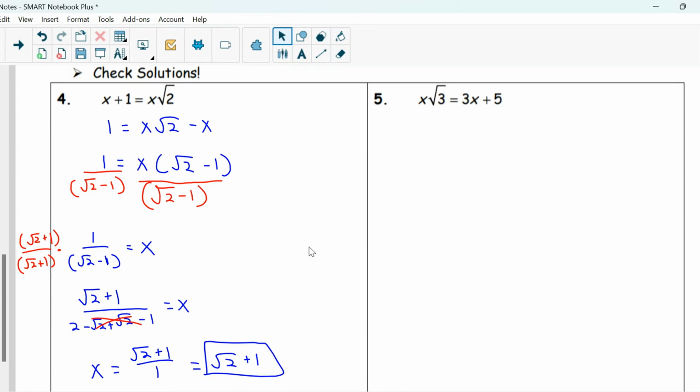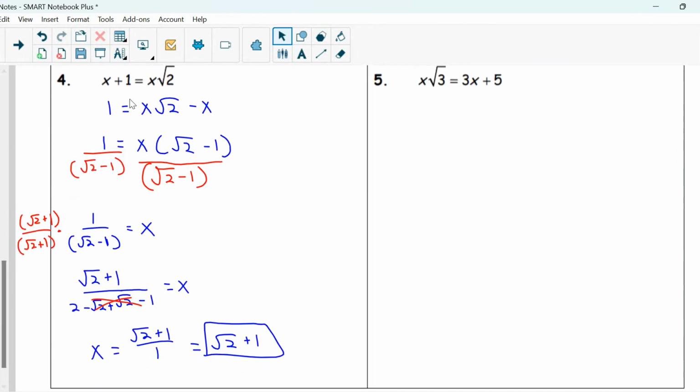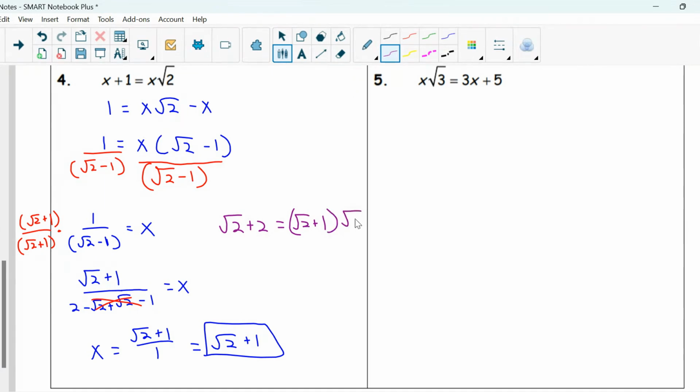So checking my solutions for this part, I would substitute in the square root of 2 plus 1 into my equation. And as you guys can see, the square root of 2 plus 1 is going to give me the square root of 2 plus 2, which is going to equal the square root of 2 plus 1 times the square root of 2.